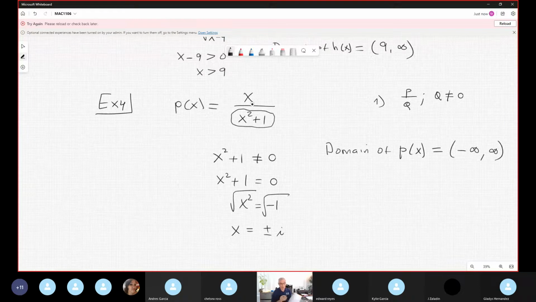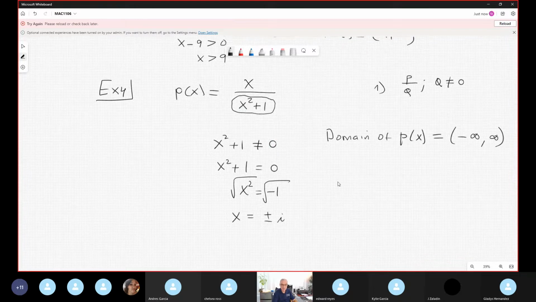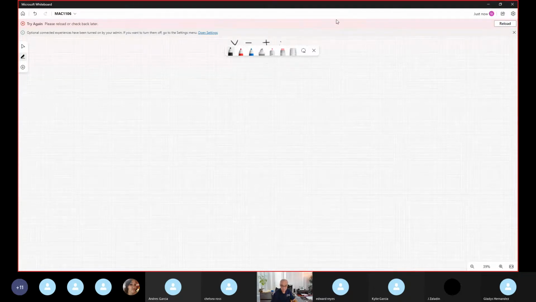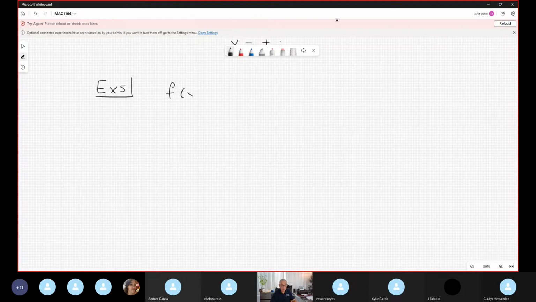Let me try one more complicated. Suppose example 5. Remember, we have a function, let me call it f again, equal to square root of x plus 4 plus another square root of x minus 5.